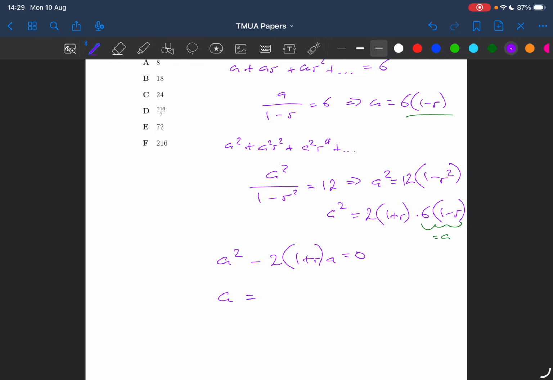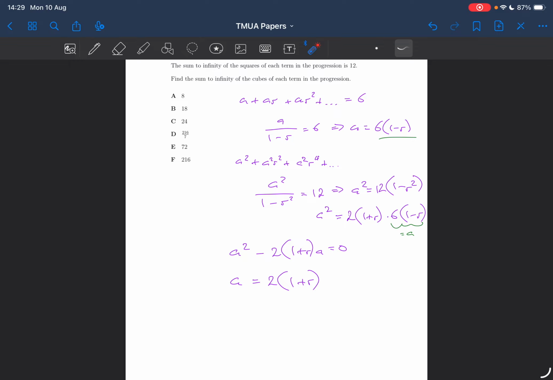A should be equal to 2 lots of 1 plus r. I'm pretty sure. From here then, what do we need to do? Plug this back into something to find a value for r. Yeah, let's plug it back into the first one.